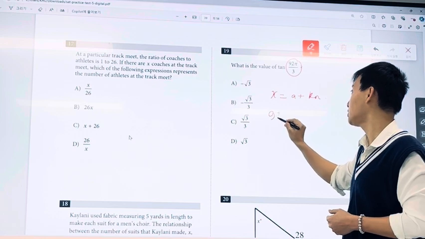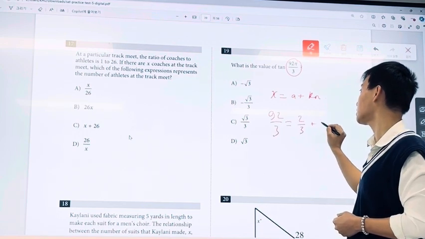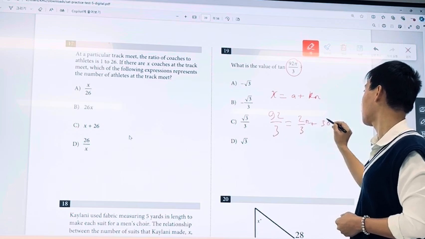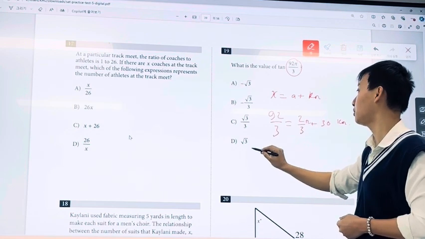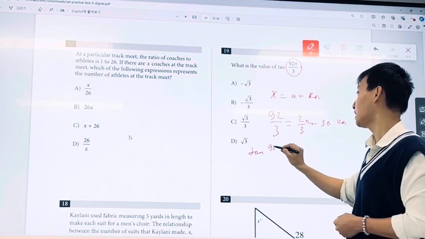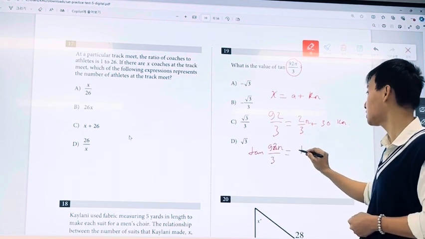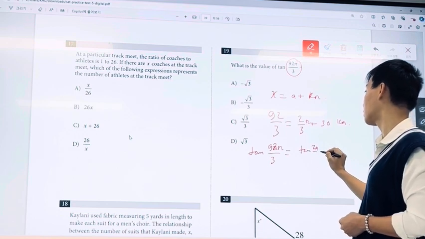So 92 pi/3 is equal to 2 pi/3 plus 30 k pi. So we can write it in another form: tan 92 pi/3 is equivalent to tan 2 pi/3.